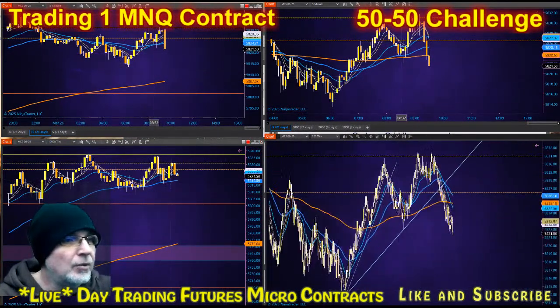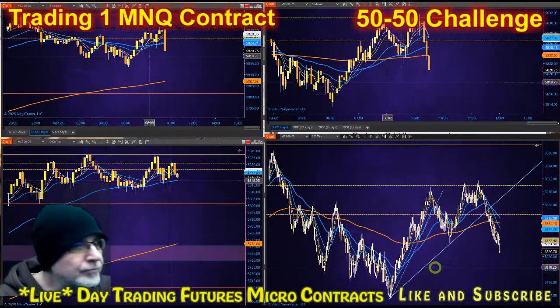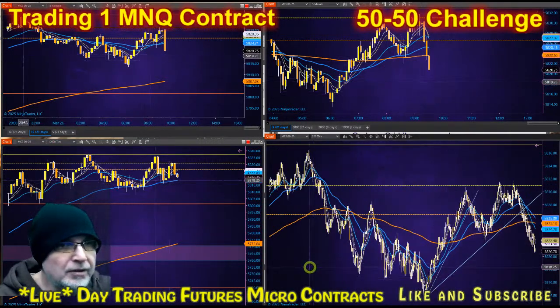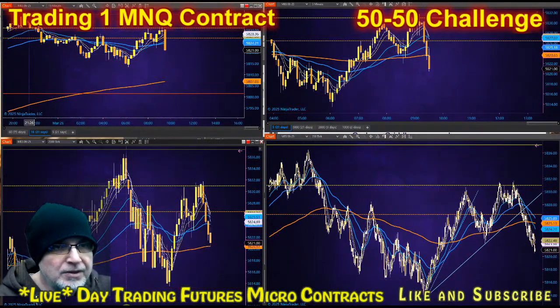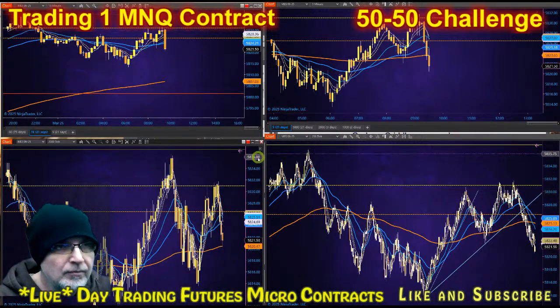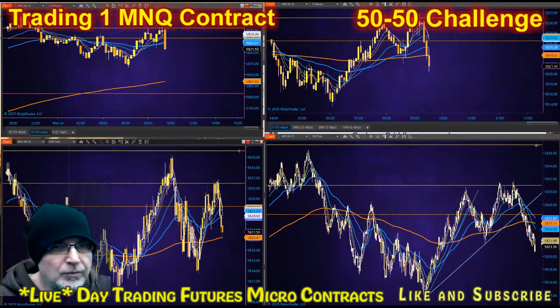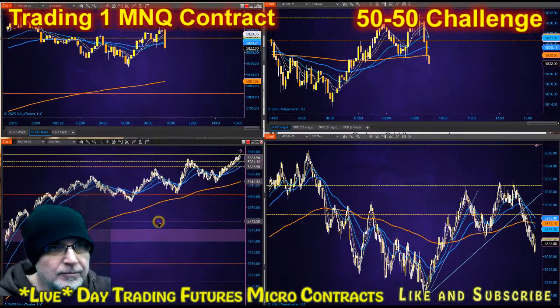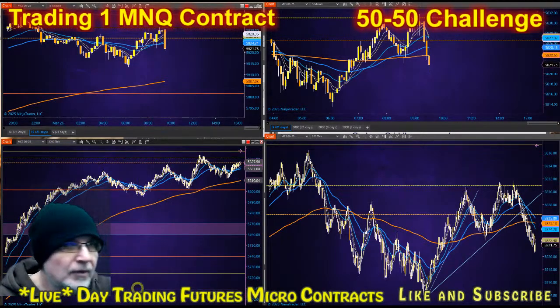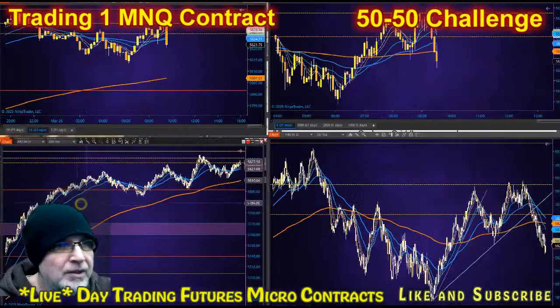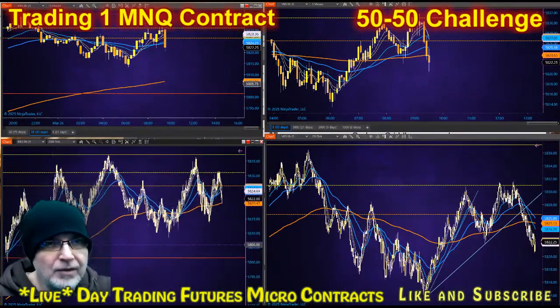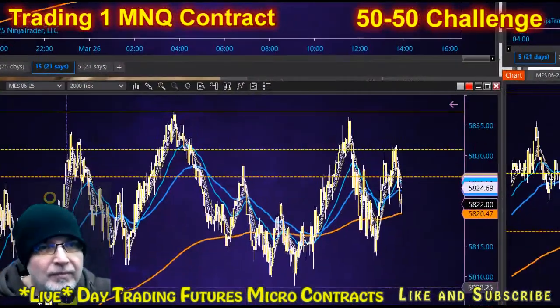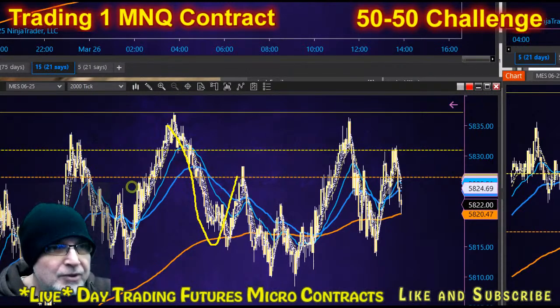So I noticed, though, that trend line breaks were doing pretty good. Like on a 2,000 tick chart, I came in here and Fibonacci, which is one of my strategies, is really looking good on this thing. Almost every time it went up, it came down 50%. Every time it came down here, 50% retracement. Came down here, 50% retracement.